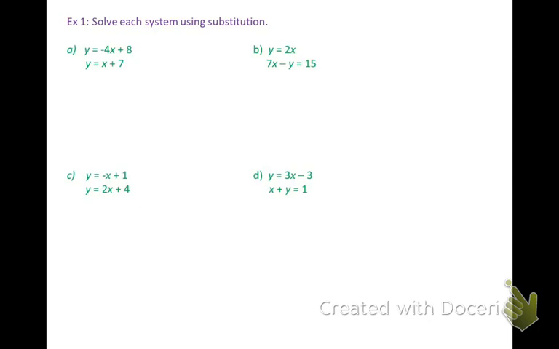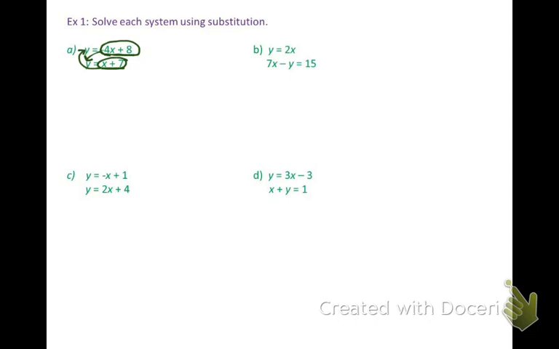Okay, on example 1 we have solve each system by using substitution. If we look, we have that y equals -4x plus 8, and we also have that y equals x plus 7. So I can either substitute this number in for y here, or I can substitute this number in for this y.